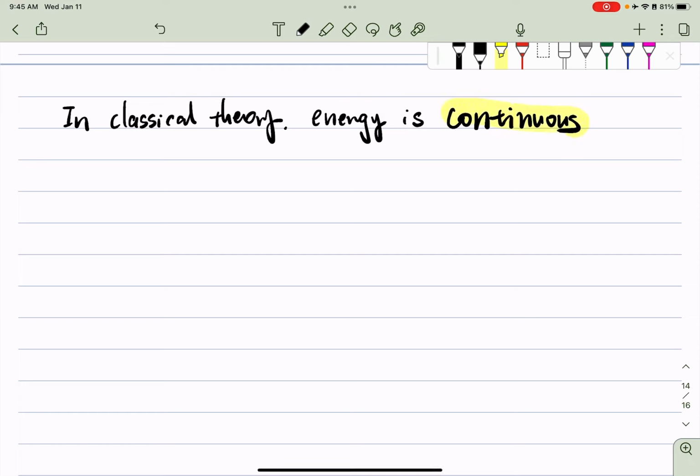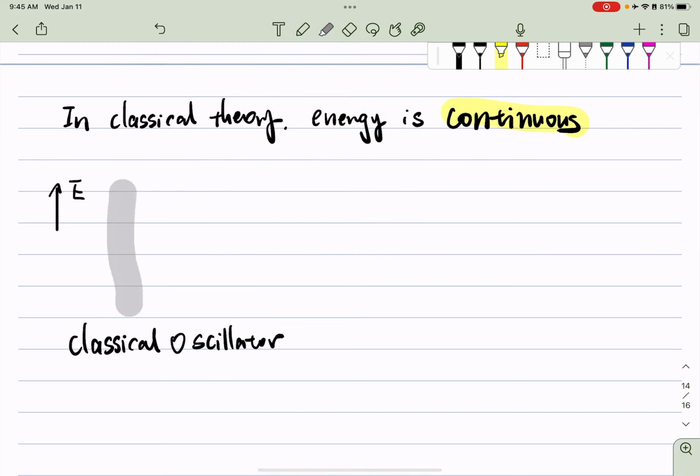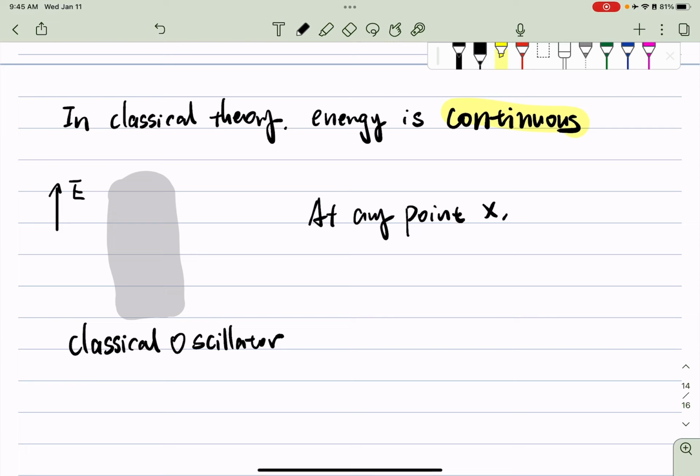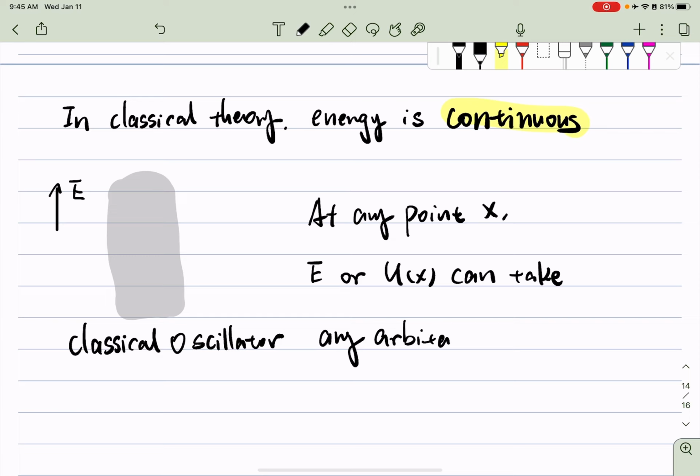So let me just highlight it. This is what I call an energy diagram. In my classical oscillator, my energy can take any value it likes, or at any point x, E, in this case potential energy only, can take any arbitrary number.